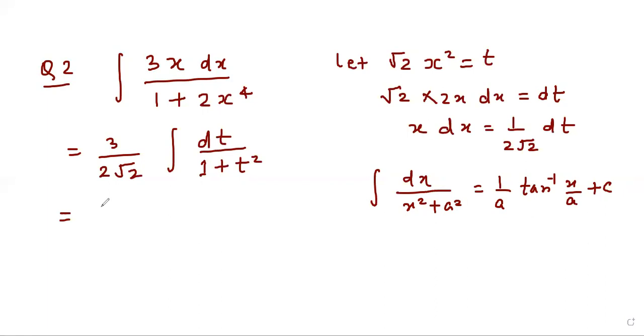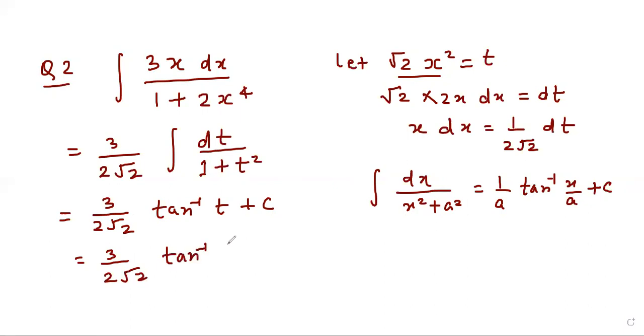So this will become 3 upon 2 root 2 times tan inverse t plus c, but t equal to root 2x square. So 3 upon 2 root 2 tan inverse root 2x square plus c. Let's see next question.